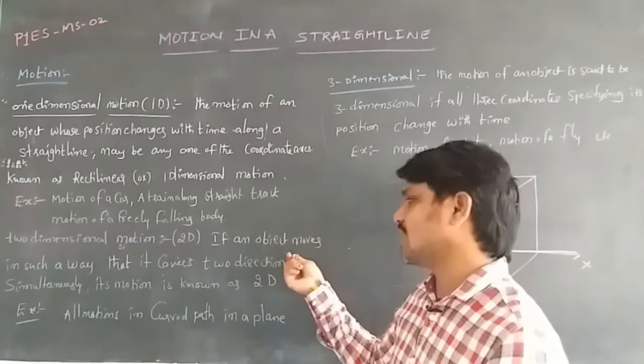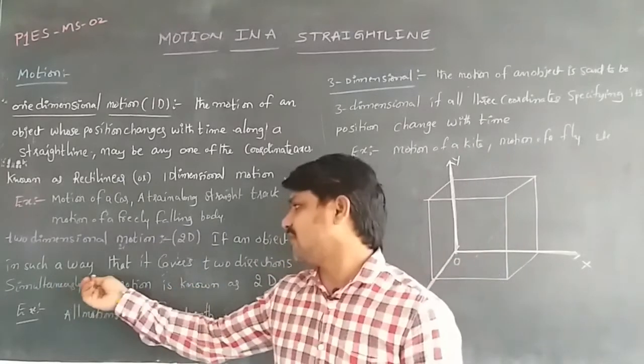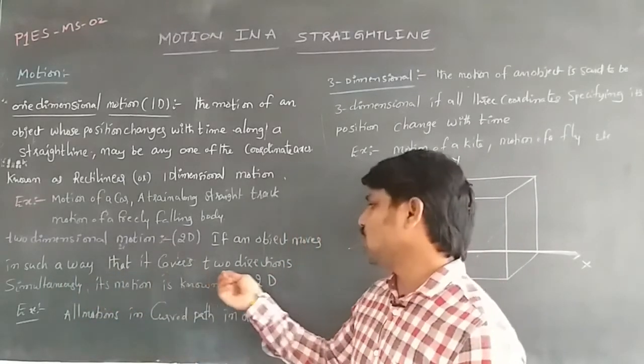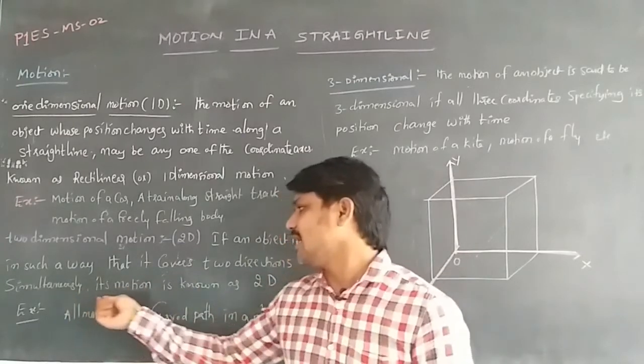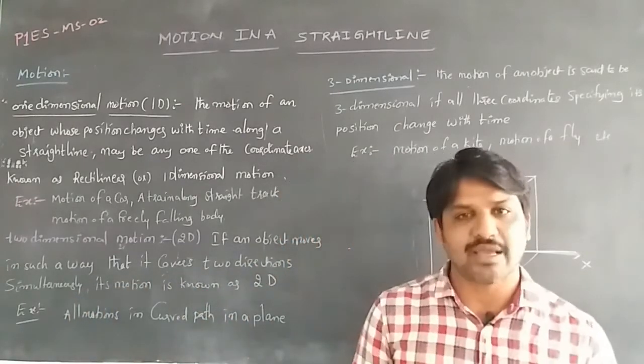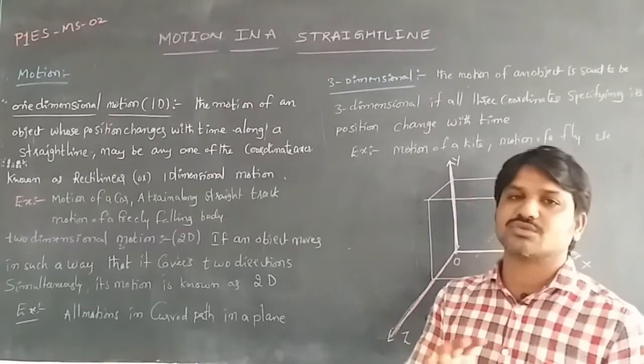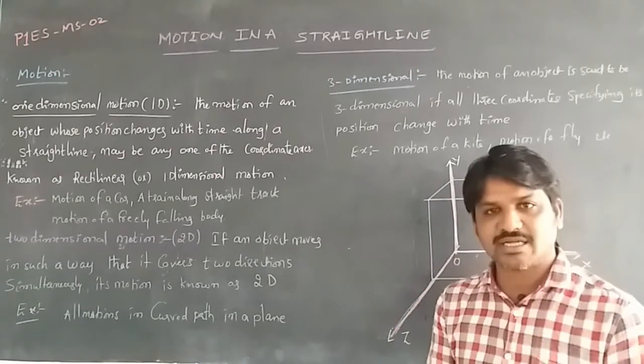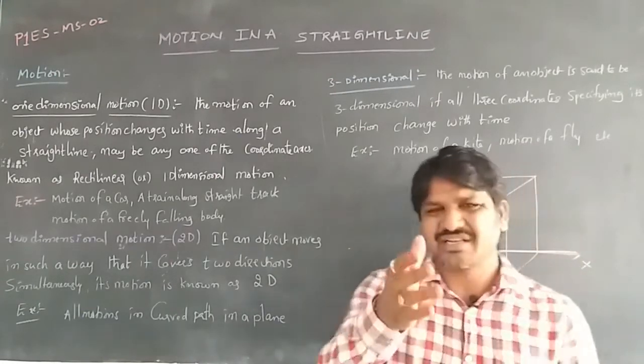If any object moves in such a way that it covers two directions simultaneously, its motion is known as a two-dimensional motion.